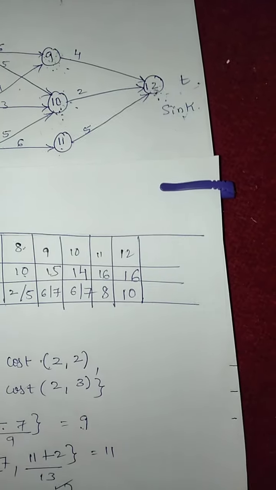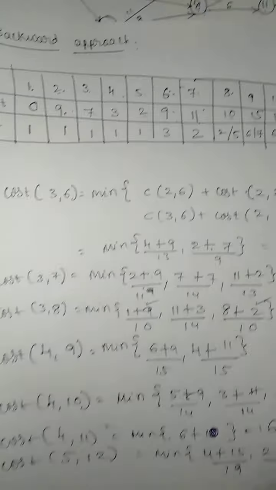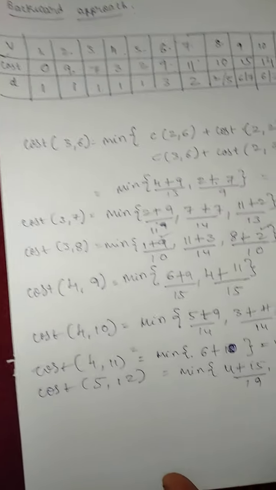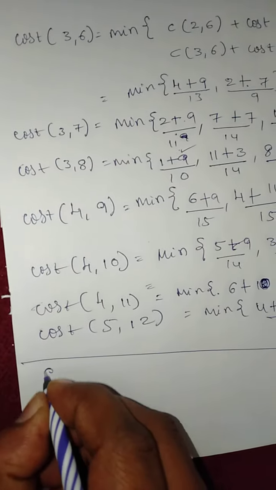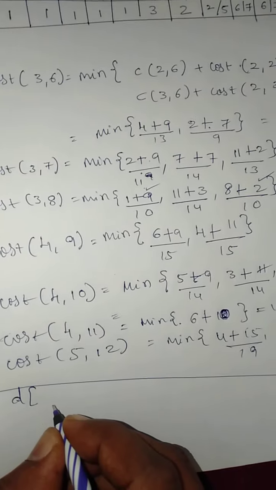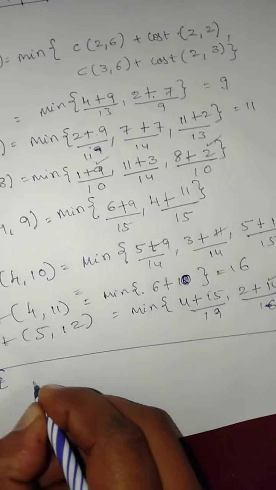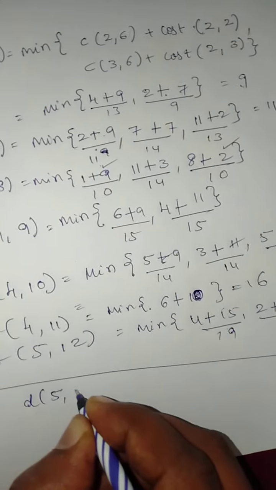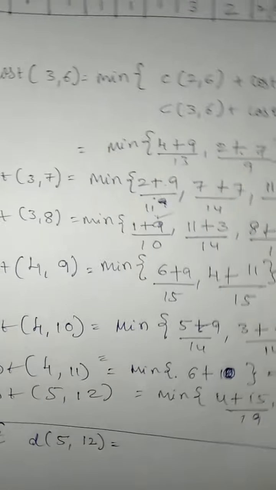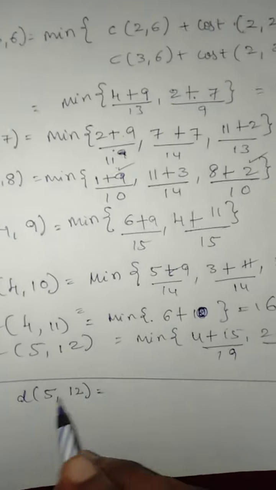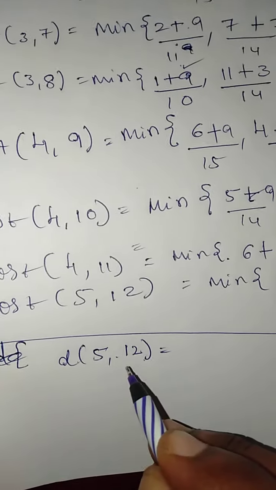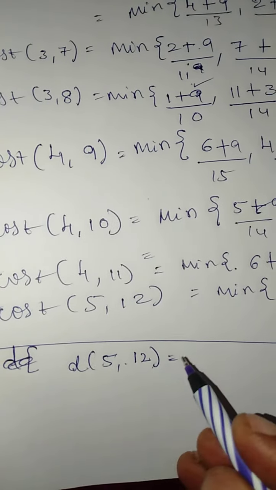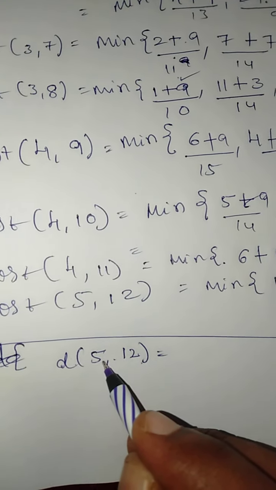So vertex 10. Done. Now apply the actual backward approach of dynamic programming. So D of stage 5 vertex 12: which is the previous vertex in the previous stage for this stage 5?